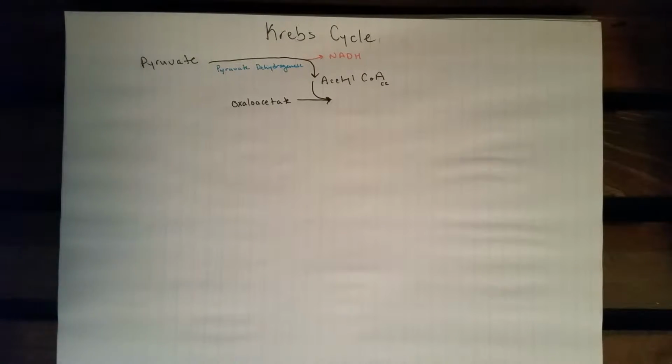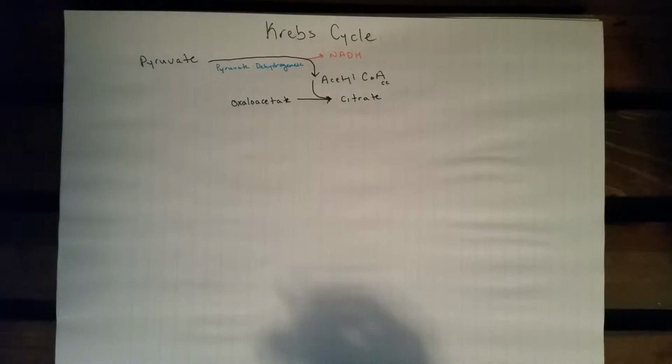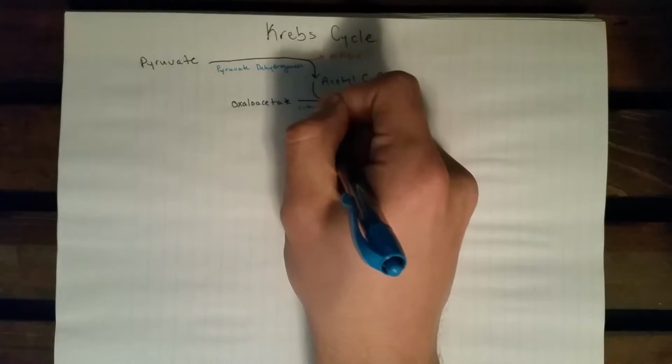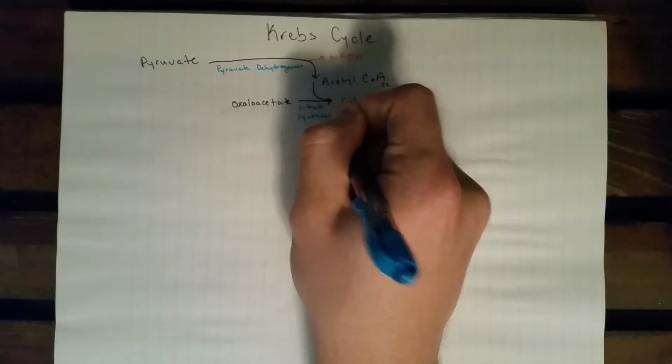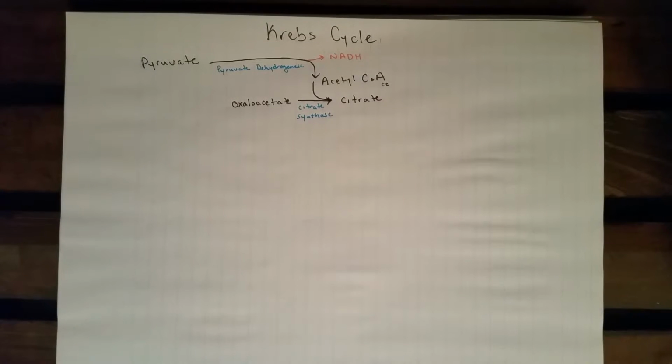It'll join up with oxaloacetate and create a citrate right there, and it'll do that using the enzyme citrate synthase. Citrate, let's add that in here. Alright, so now we're rolling here.